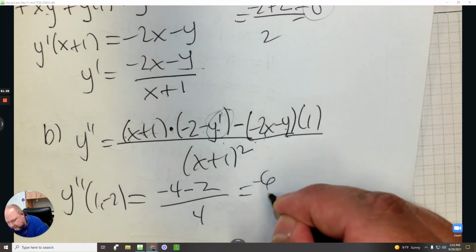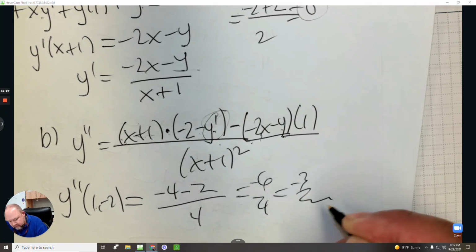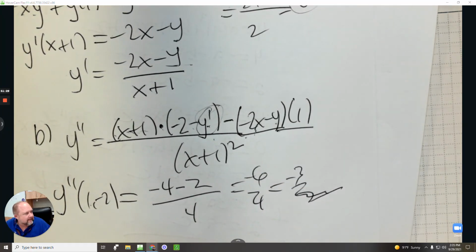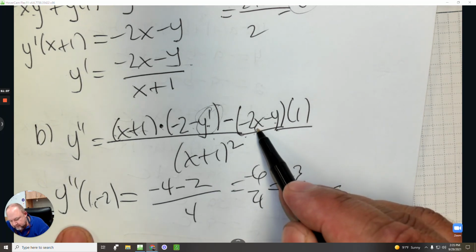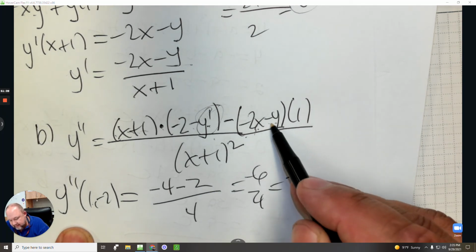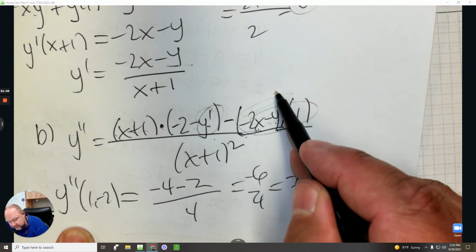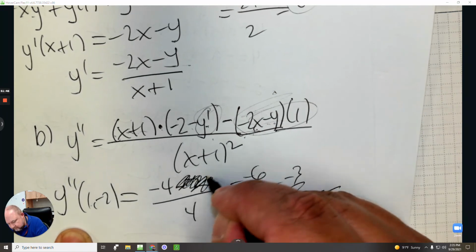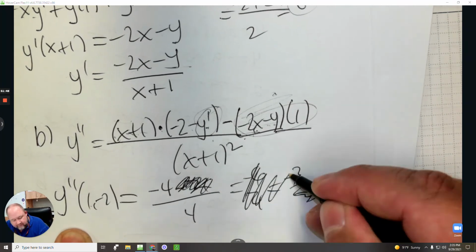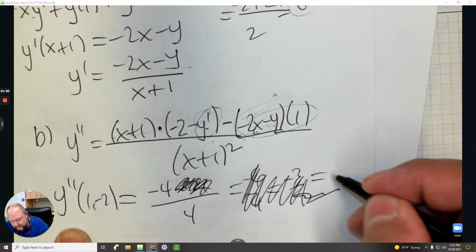So I got -6 over 4 and -3 over 2. What did I do? So this becomes -2, or a negative and a negative is positive. This becomes -2 plus 2. So this is 0. So it's -4 divided by 4. That's where you get the answer -1.